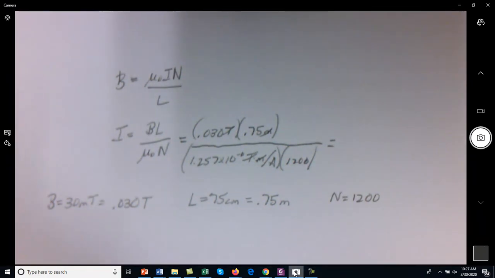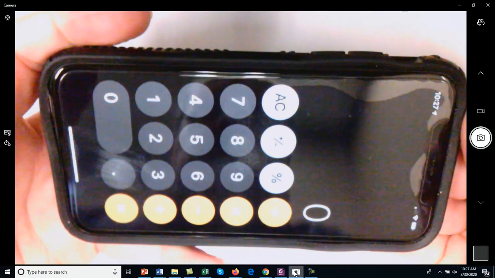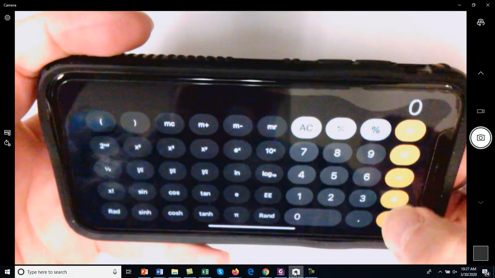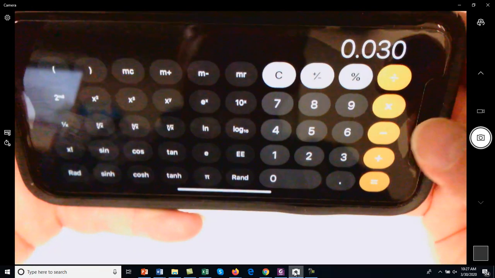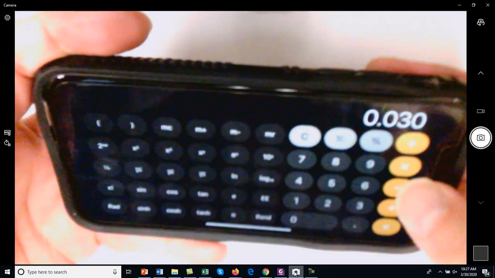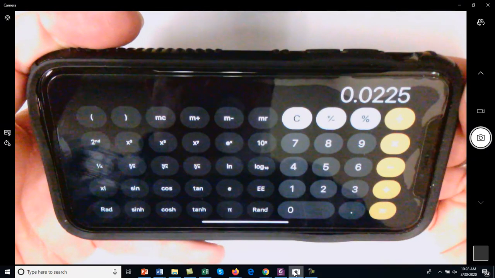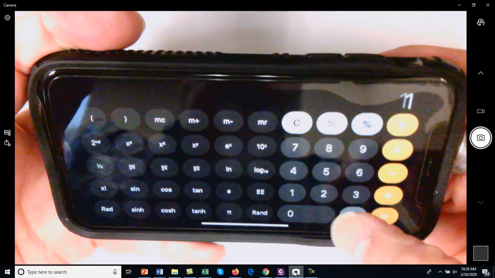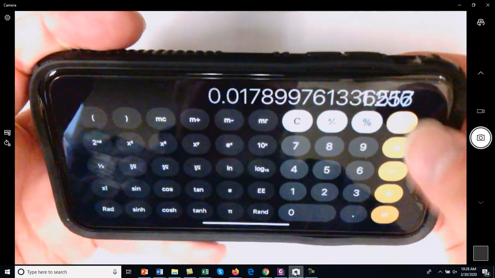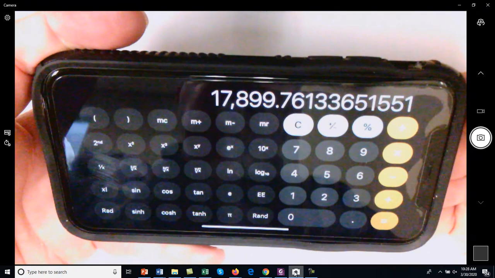Then we calculate this out with your calculator. We have 0.030 Tesla times 0.75 meters divided by our permeability constant, 1.257 times 10 to the negative 6.